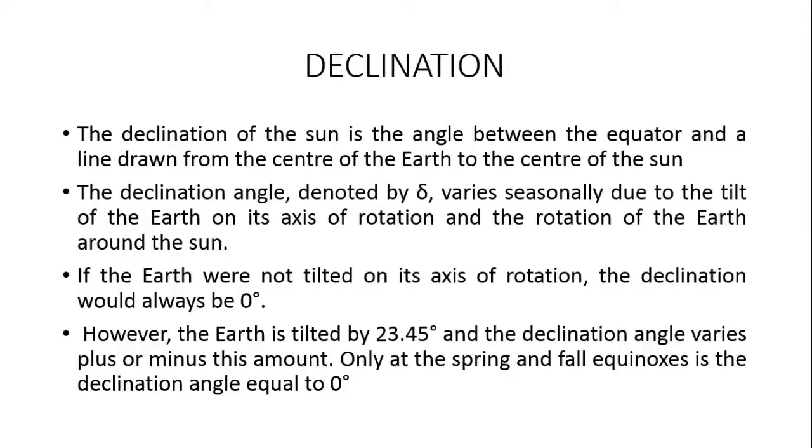If the earth were not tilted on its axis of rotation, then the declination would always be 0 degrees. However, the earth is tilted by 23.45 degrees and the declination angle varies plus or minus this amount. So in short, it is the angular distance of the sun's rays north or south of the equator.